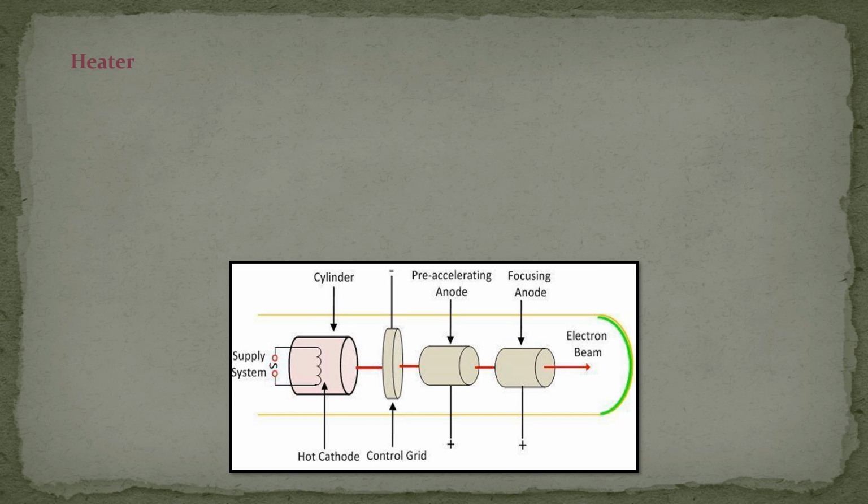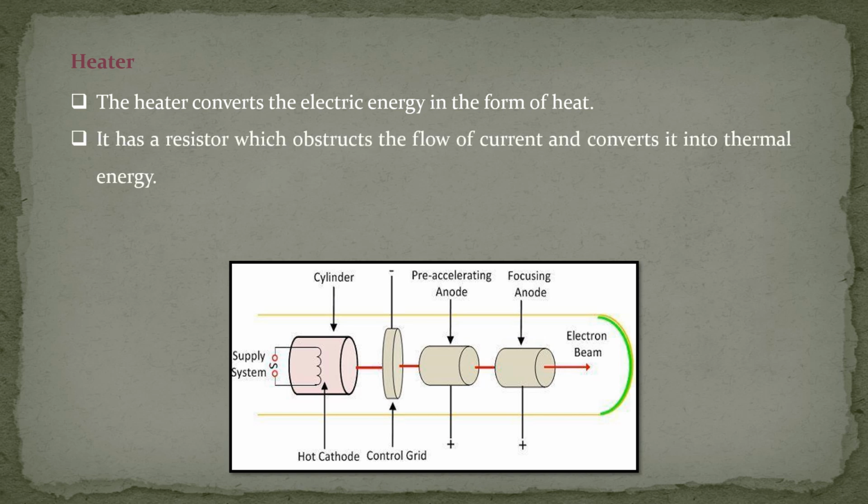Heater. The heater converts electrical energy into heat. It has a resistor which obstructs the flow of current and converts it into thermal energy. The heater heats the cathode electrode, which emits the electrons.